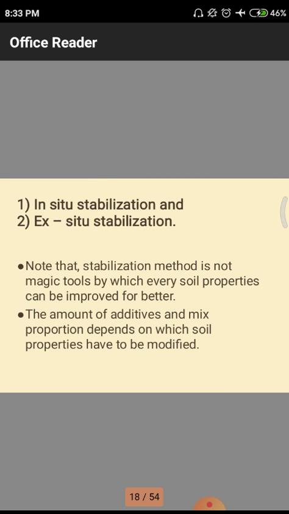In the previous case the soil had some shear strength, some liquid limit, some plasticity index, so we need to change those properties by adding exterior materials from other lands or industrial wastes, so that they restrict those properties and increase the engineering properties.